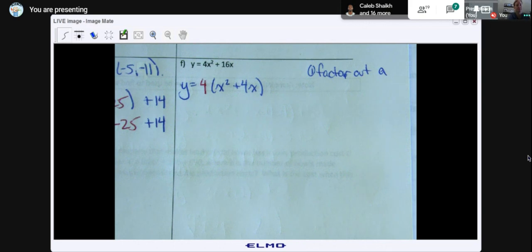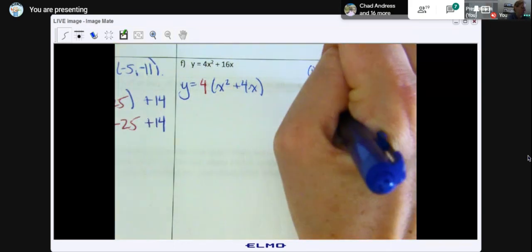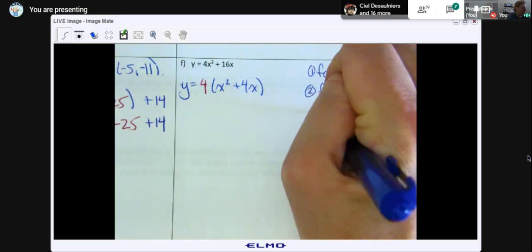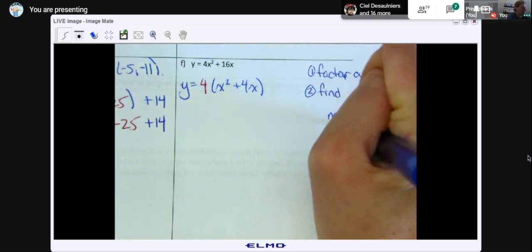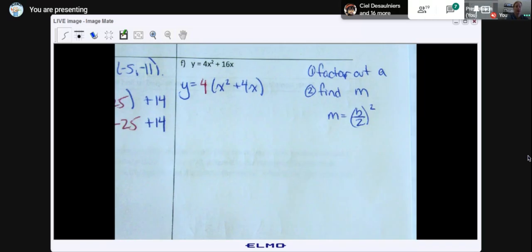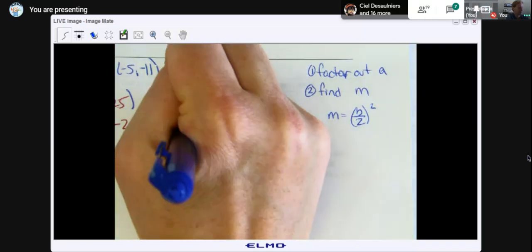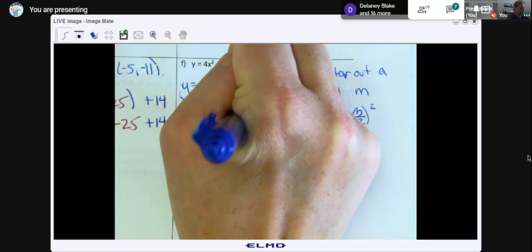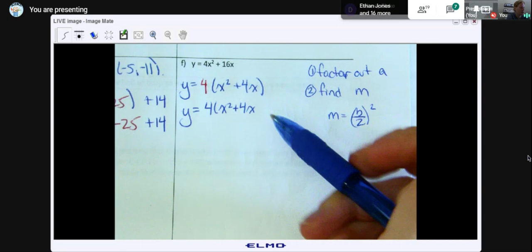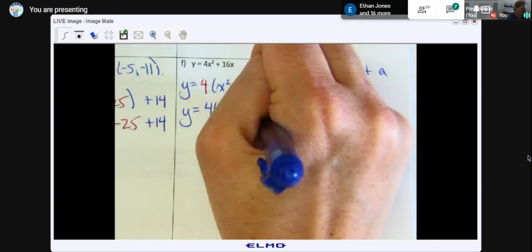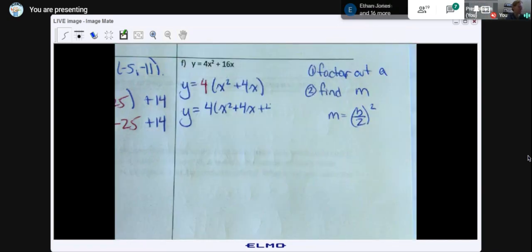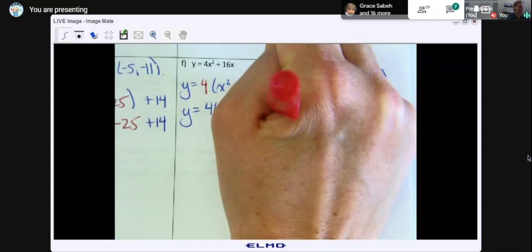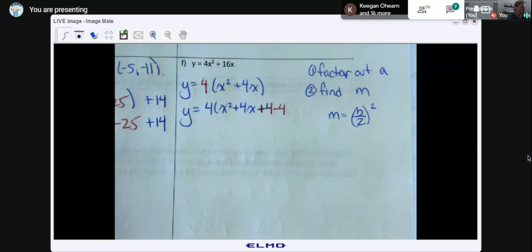Step 2 is to find M. M is equal to (B over 2) squared. So 4 divided by 2 is 2. 2 squared is 4. So that's plus 4, I'll put this in red again. And I'm going to add it and subtract it immediately, so I'm not actually changing the equation.